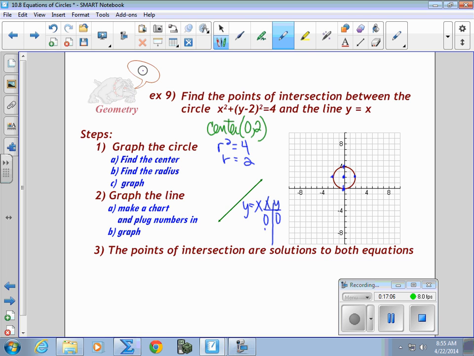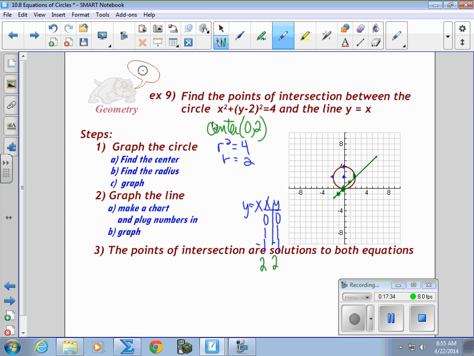We plug in 1, we get 1. We plug in -1, we get -1. So we have 0, 0 as a point on our line, and then 1, 1, and -1, -1. And then we have 2, 2. When we draw our line, we have a picture that looks like that.